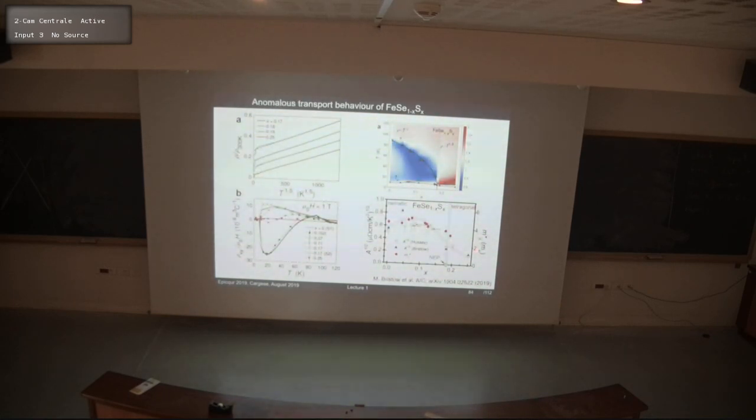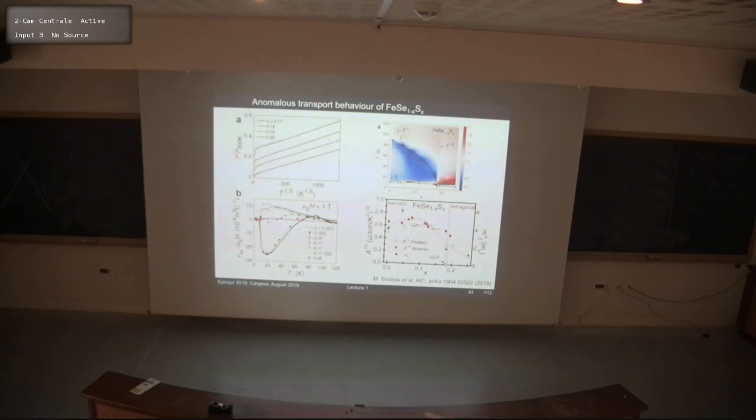And these are similar data now using not pressure but chemical pressure. Again, we find 1.5 power laws instead of linear resistivity in the vicinity of the nematic endpoint. And interestingly, the correlations do not diverge when we approach a nematic endpoint.